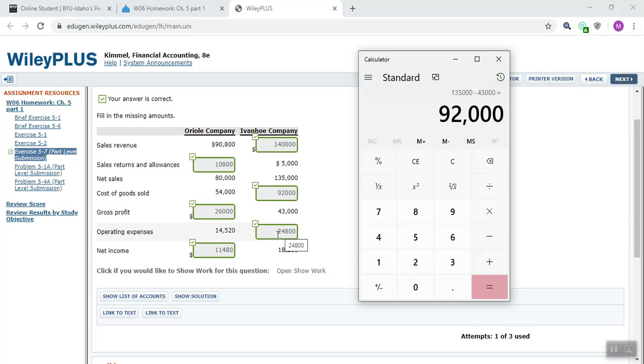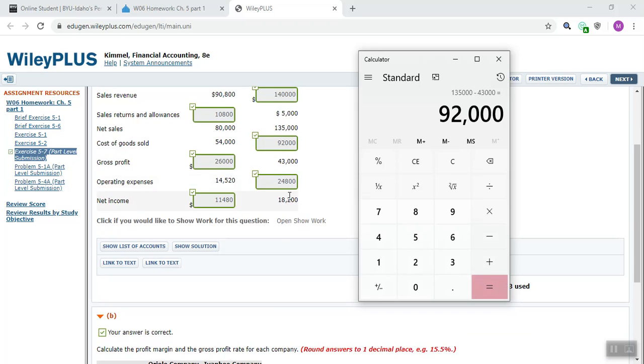The last number that we're missing is the operating expenses for Ivanhoe, and net income is the difference between gross profit and operating expenses. What I did in this case is put 43,000 minus 18,200, and that gave me the amount that I'm missing, 24,800.